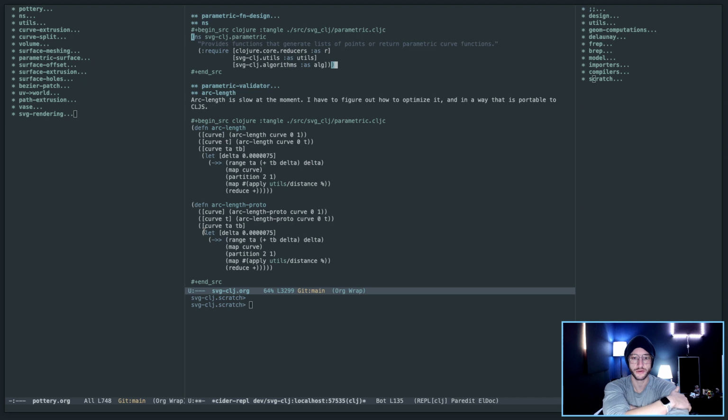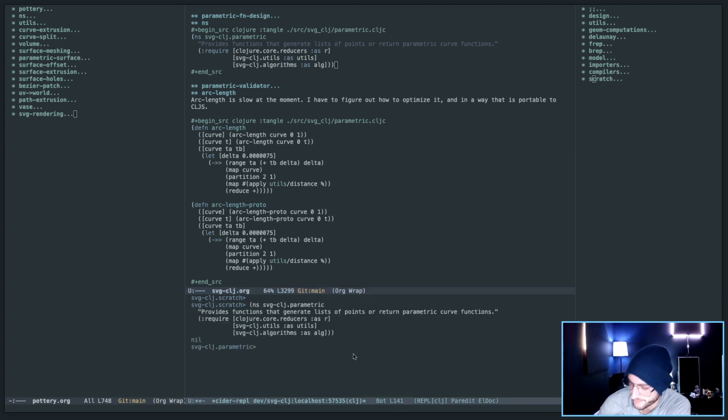Wait, is this actually correct? This range, let's first of all, I might need to actually fix this range up. Right, so let's, oh, I'm in the wrong namespace.